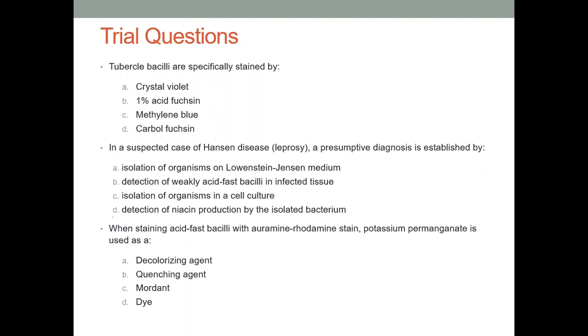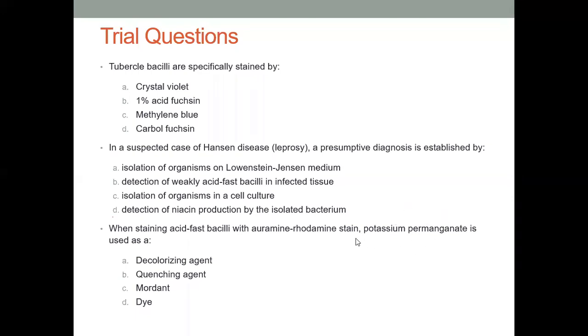Right. So our last question is, when staining acid-fast bacilli with auramine rhodamine stain, potassium permanganate is used as what? This one there is a bonus. Yes, quenching agent. It's a quenching agent. Intentionally they didn't bring a counter stain for this question.